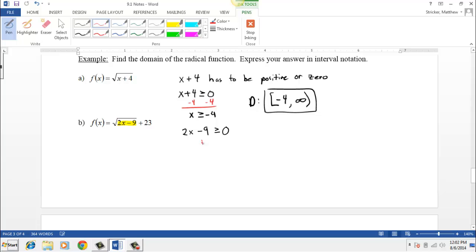So in this case, we need to add 9 to both sides. And when we do that, we get 2x is greater than or equal to 9. One more step to finish isolating for x. We need to divide by 2. So the 2's divide out. And finally we get x is greater than or equal to 9 halves, which we write in interval notation like 9 halves, comma, infinity.